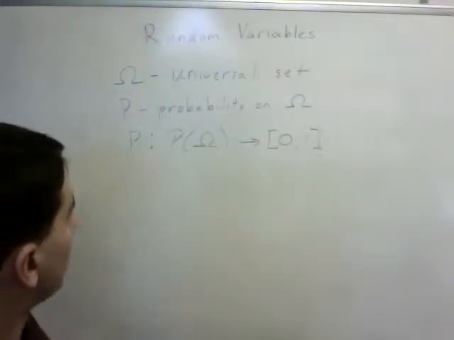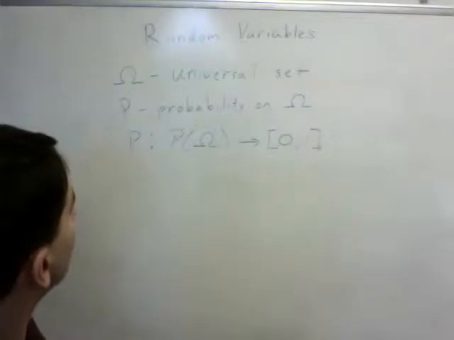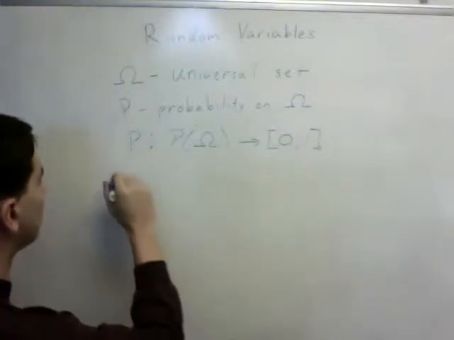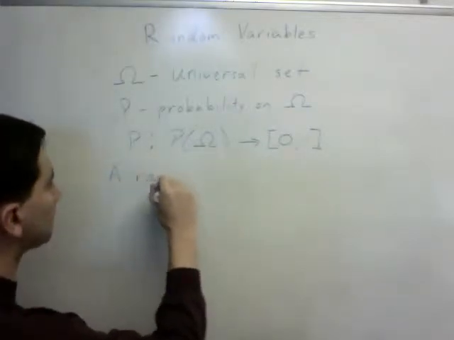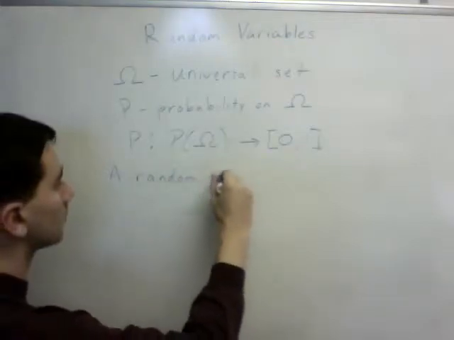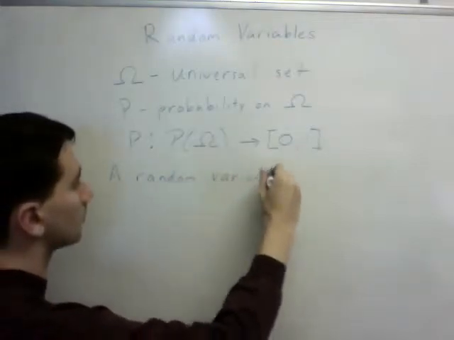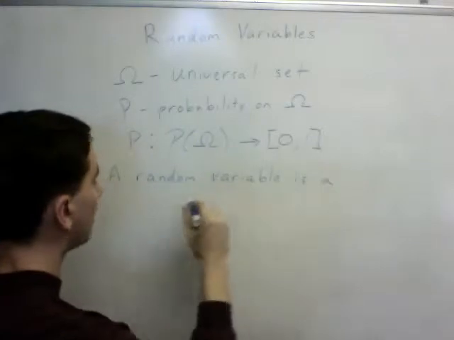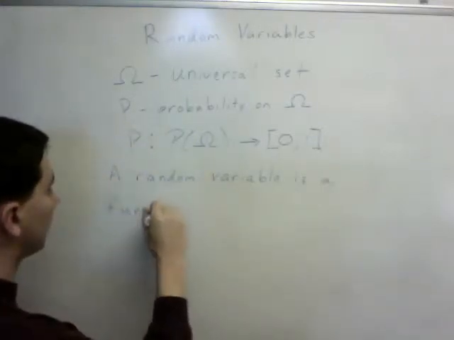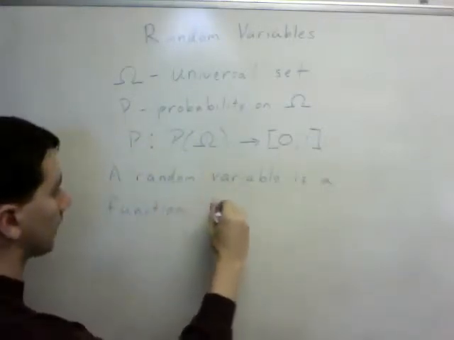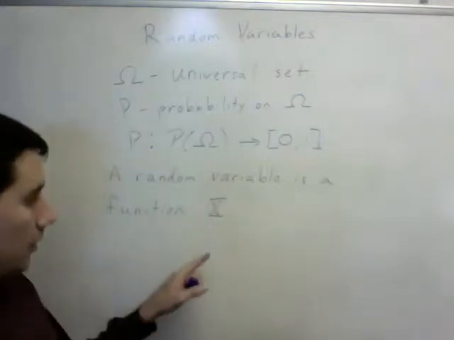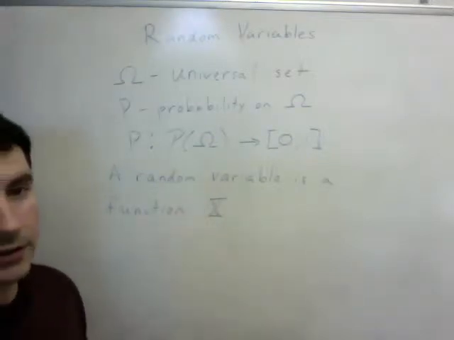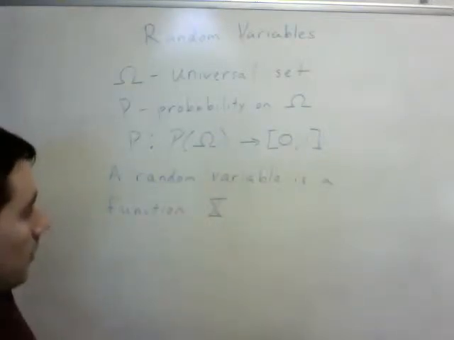So what is a random variable? It's another function. A random variable is a function which I'm going to write as a capital X. I use bars to denote capital letters, and that way you don't get it confused with a lowercase x.